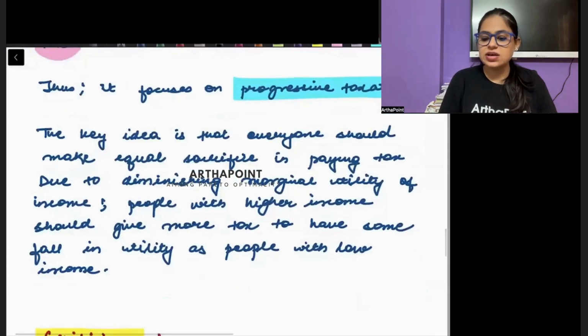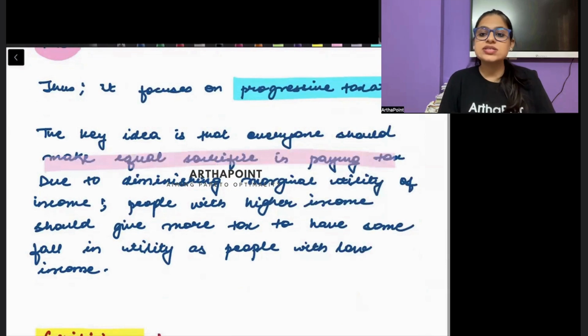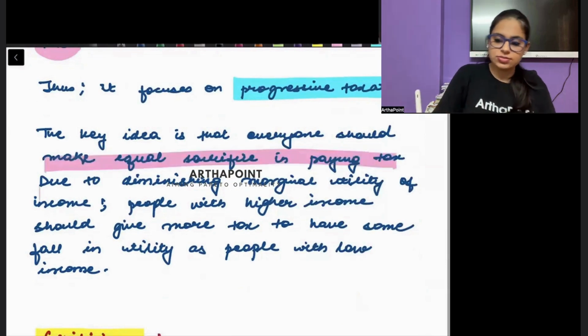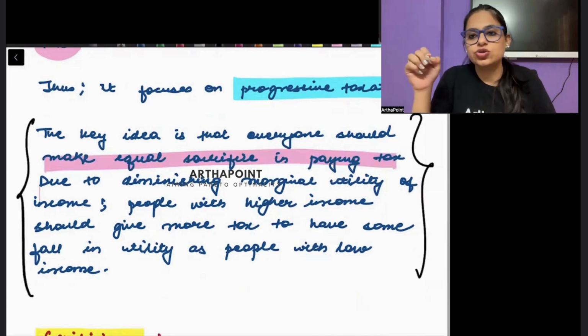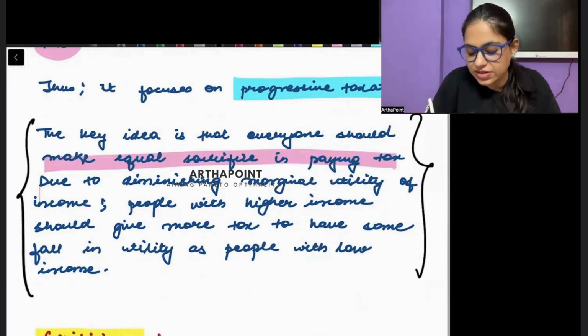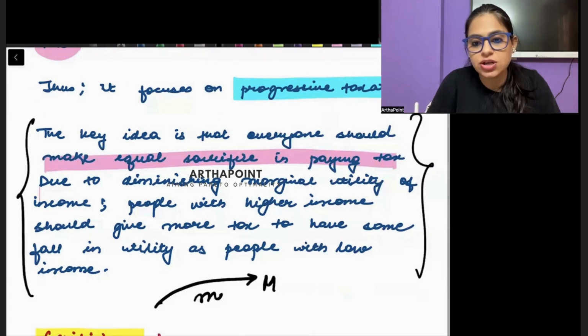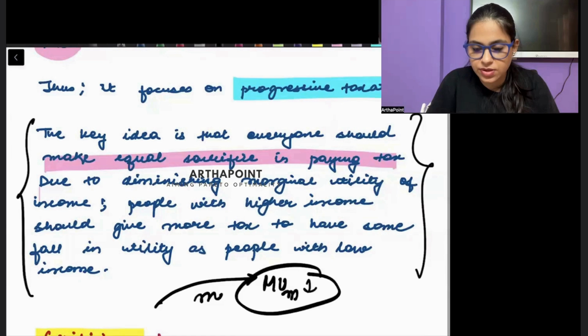The key idea is everyone should make equal sacrifice in paying the tax. Try to understand this thing. So what is happening? It is assumed that as your income increases, the marginal utility of income decreases, right?